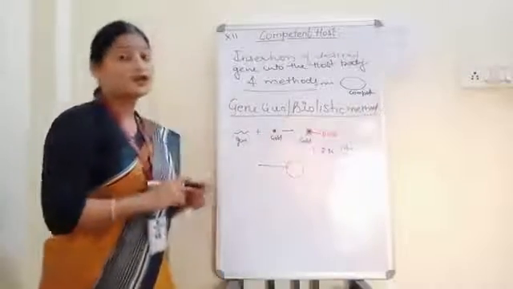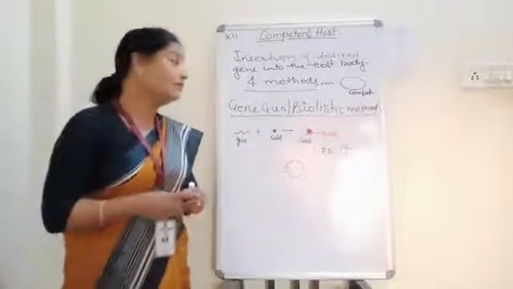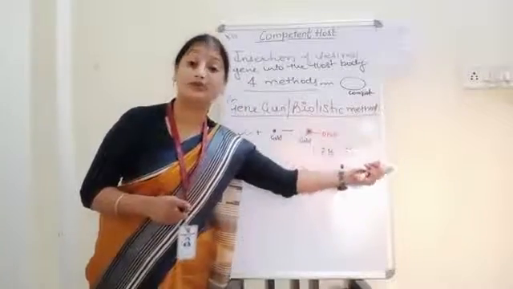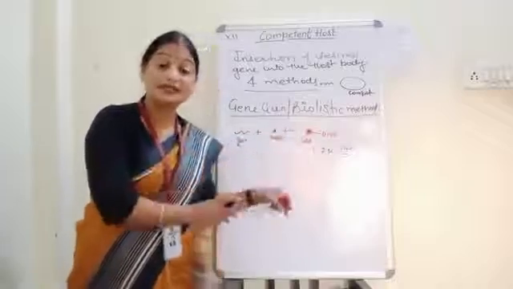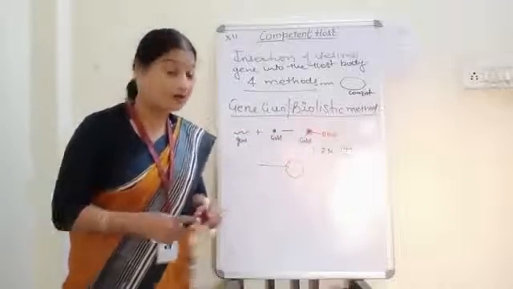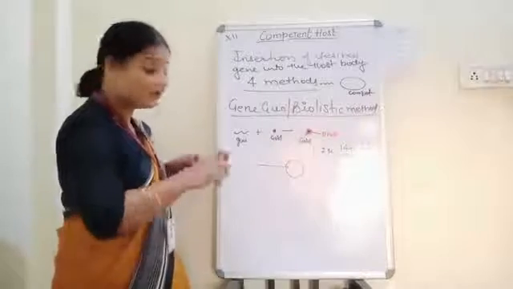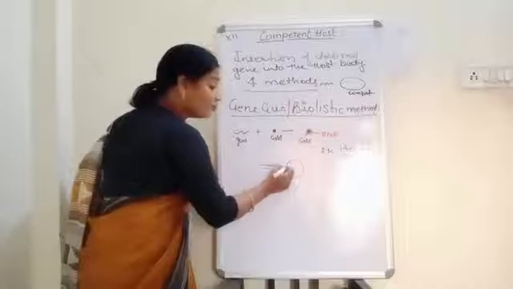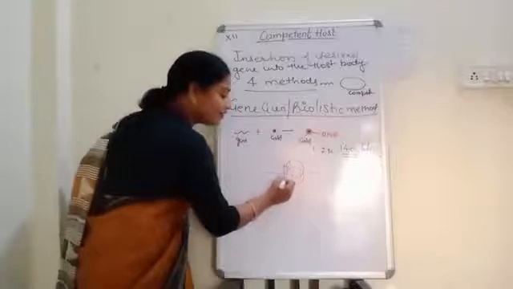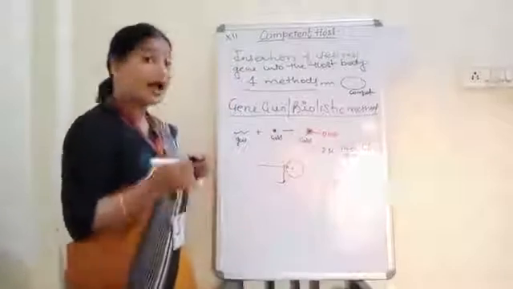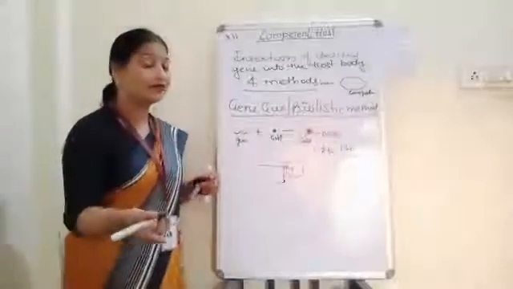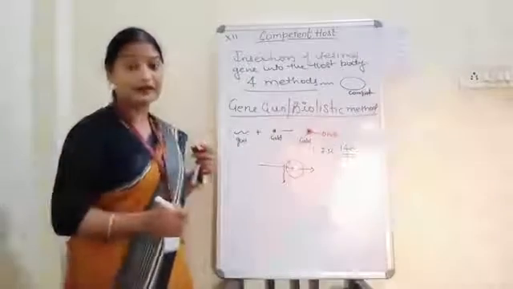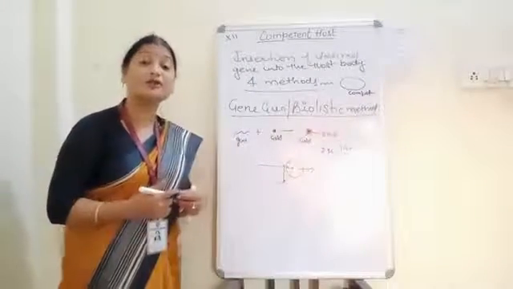Now, here we have to keep one thing in mind, children. That is, the speed should be accurate, 1400 feet per second. It should not be less than or more than that. Because if it is less than 1400, then definitely this particle will not enter inside. It will fall off somewhere here. And if it is more than 1400 feet per second, then it may pass through the cell membrane. And once again, our process will fail.